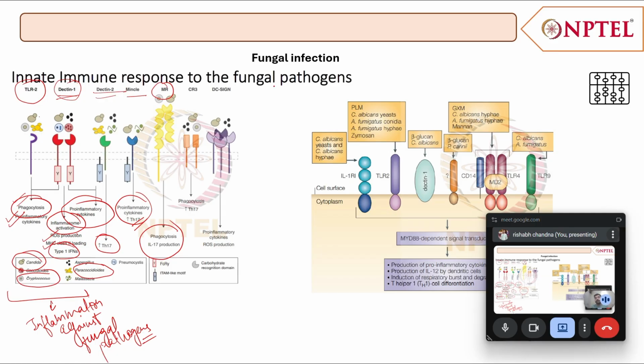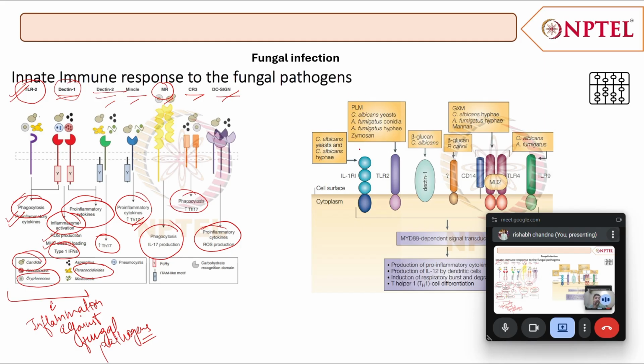Then we have CR3 and DC-SIGN. They both help in phagocytosis and increase in pro-inflammatory cytokine production. So these are some of the PRRs of the innate immune system that help in the recognition and the increase in the inflammation. Namely TLR2, Dectin 1, Dectin 2, Mincle, MR, CR3, and DC-SIGN.